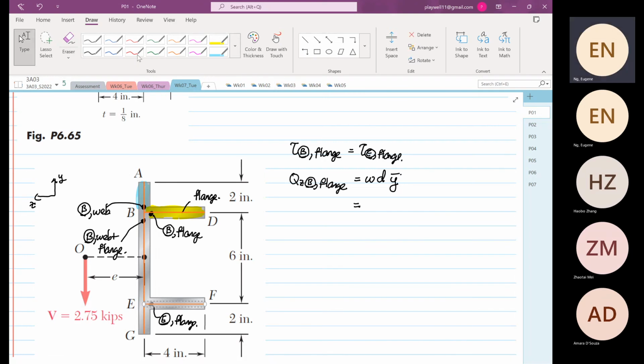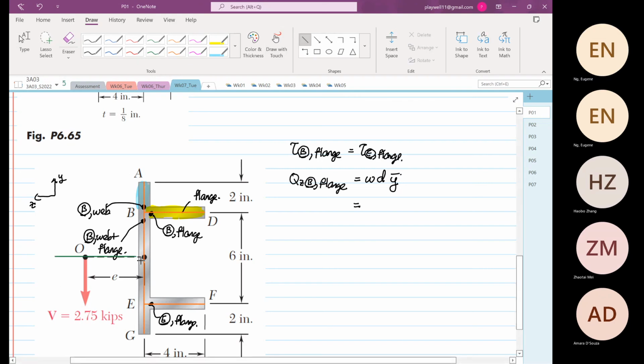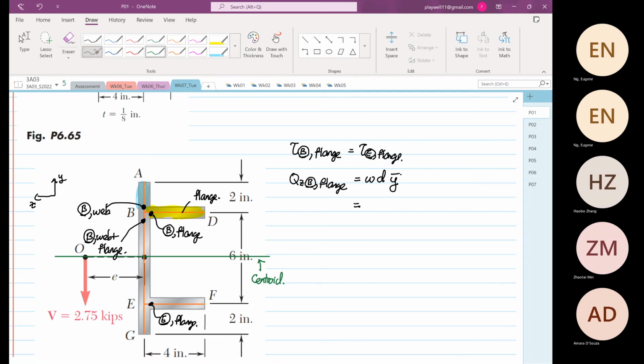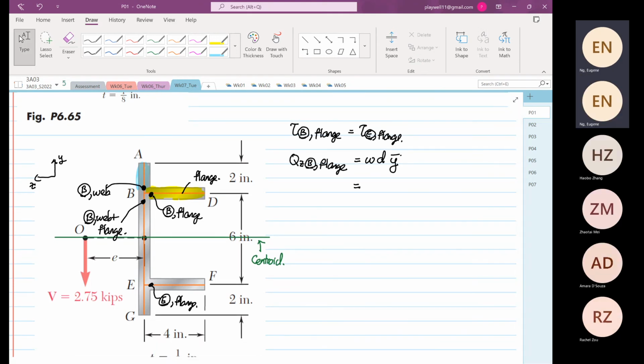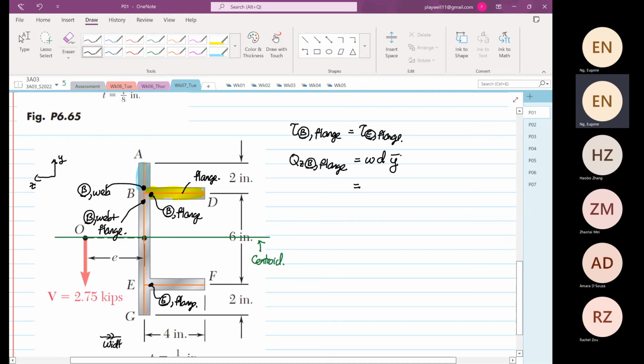And I'm going to sketch our centroid. So this is our centroid. For the first moment of area about the z-axis, this will always be our width, and this axis will be our depth. The width will be 4 inch.